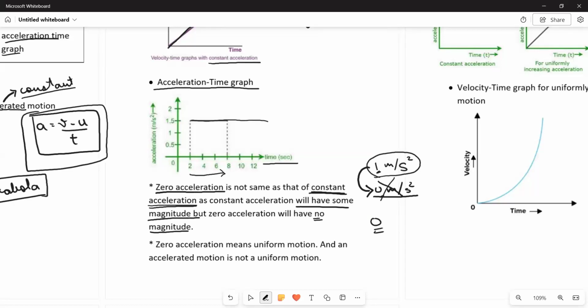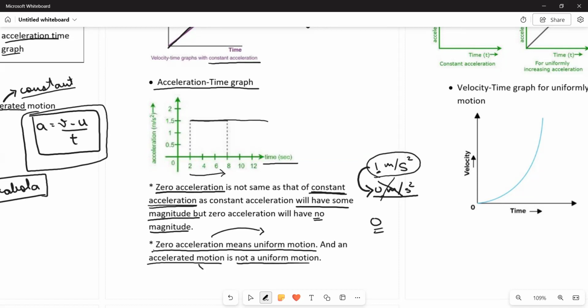And there is one more point which is also very important, which says that zero acceleration means uniform motion. So whenever we have zero acceleration, we'll get a uniform motion. But whenever there is an accelerated motion, meaning a constant accelerated motion, it is not a uniform motion.